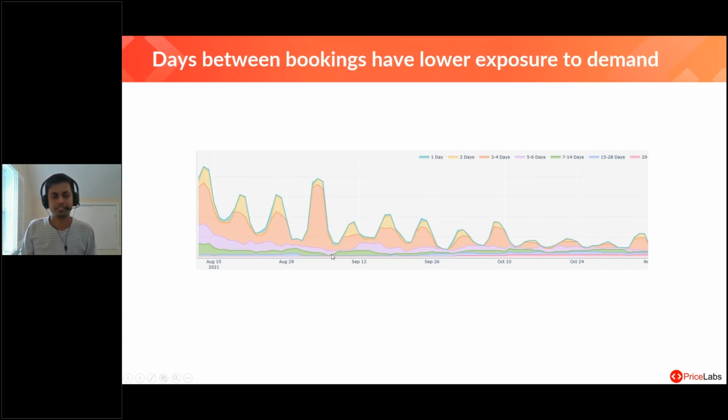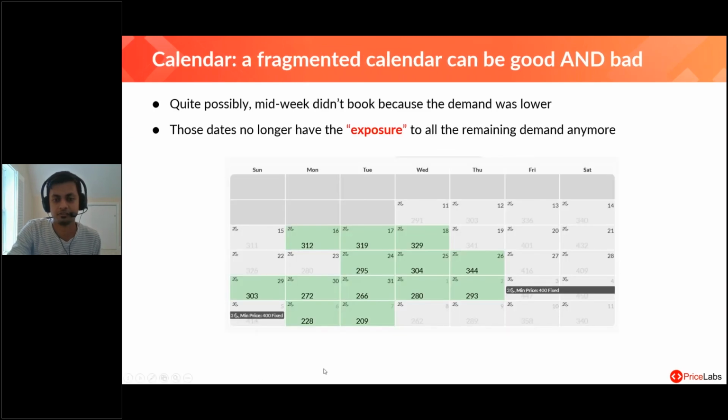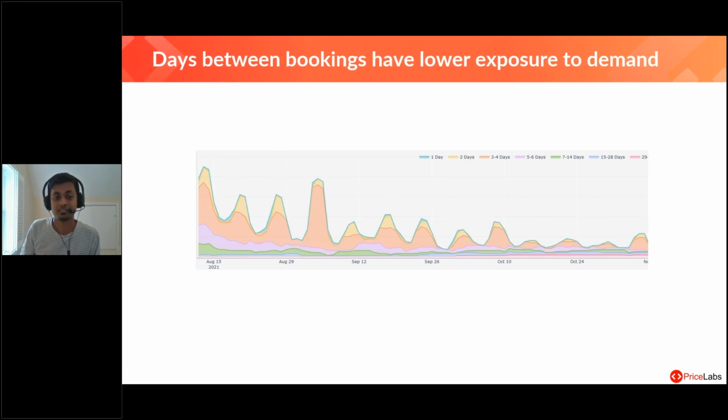So if I want to now think about what can I do to not have a scattered calendar, to not have these 2 night bookings, and at the same time make sure that I'm not missing out on too much demand, you can look at data like this.